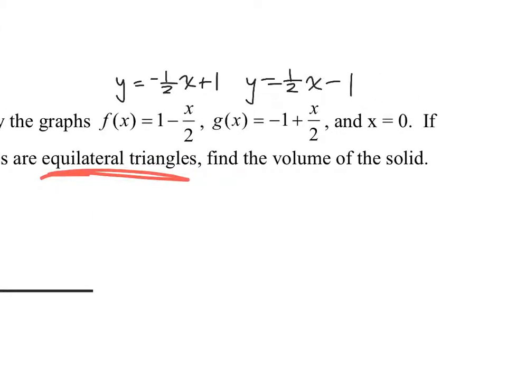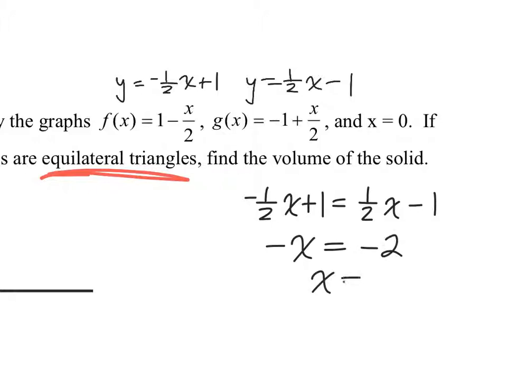intersection algebraically. So I'll just do negative 1/2 x plus 1 and set it equal to positive 1/2 x minus 1. If I subtract 1/2 x from both sides, I'll move the x's to the left. I'm going to get negative x. Then subtract the 1 from both sides, I'm going to get negative 2.